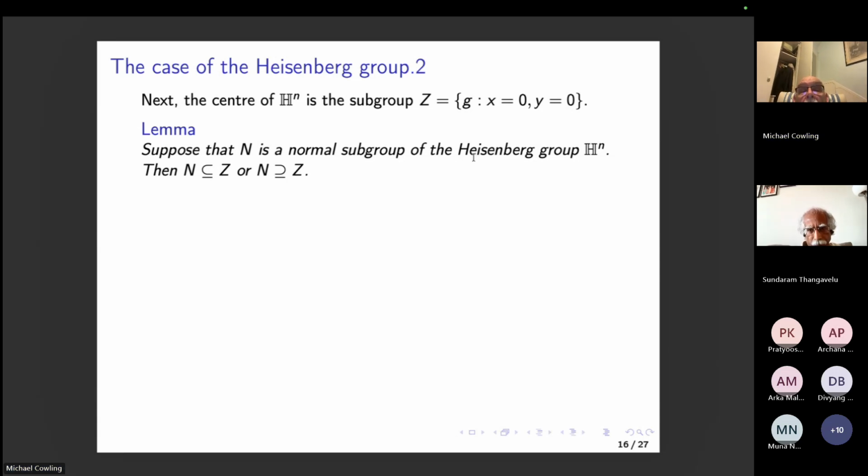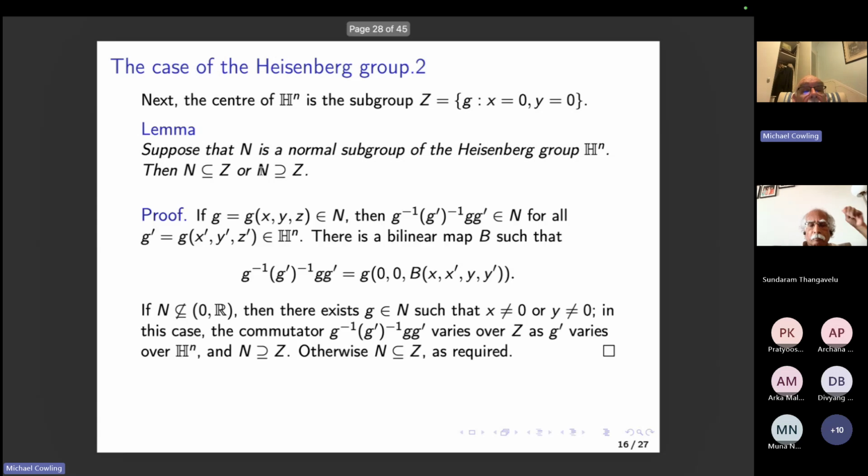Anyway, here's a lemma that says if we have a normal subgroup of the Heisenberg group, then either it's contained in the center or it contains the center. But you can't have something that is not contained in the center and contains some non-trivial elements of the center and not others. So this is just a little fact, and it's very easy to prove.